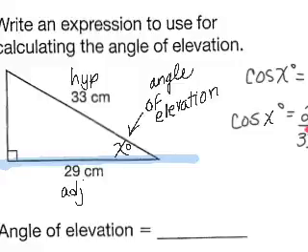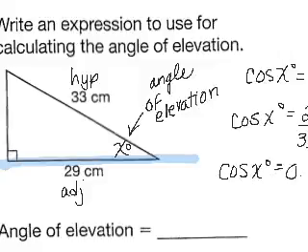So we would take 29 divided by 33 on our calculator. We would get cos of x equals 0.8788. We're going to round it to the 4th decimal place. But we need to find out what the angle is going to be, so we do our inverse.